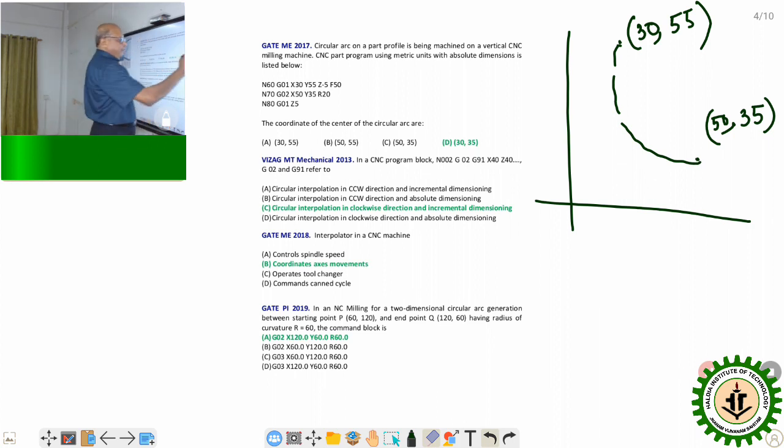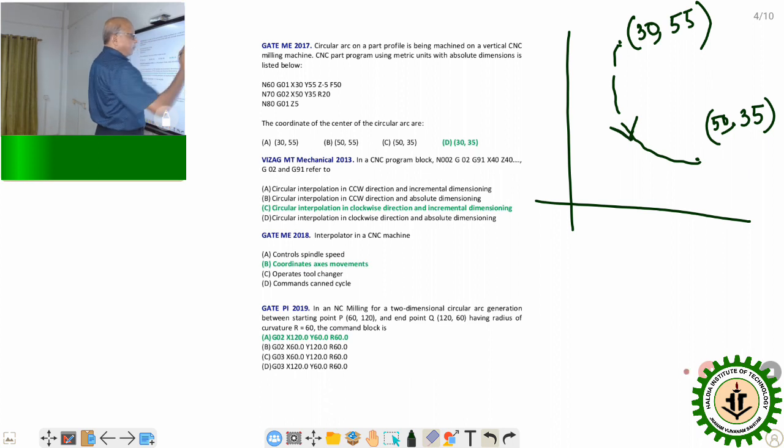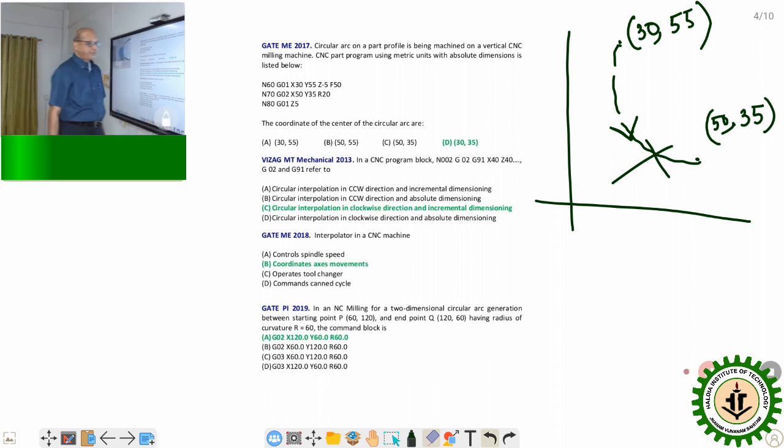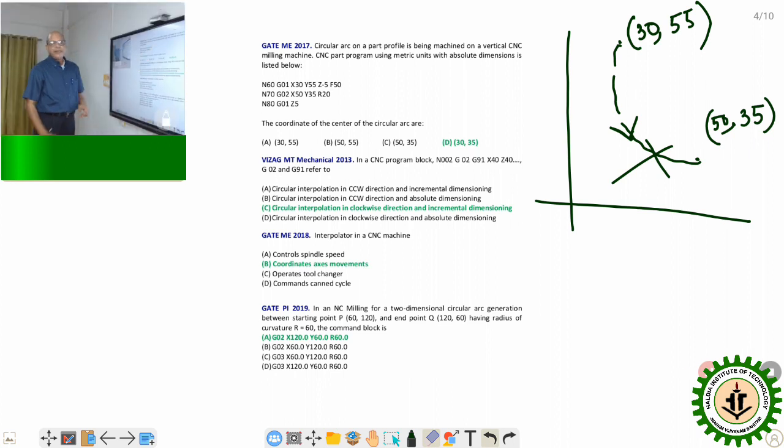Will this satisfy the requirement? Definitely no. So I cancel it. Because if I allow the tool to move following this trajectory, it implies anti-clockwise motion. But G02 is meant for clockwise interpolation. So this is not valid.